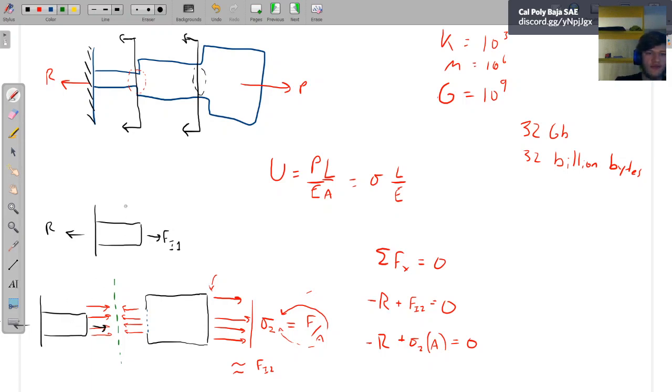This area, if you were to imagine these things like being linked together, right? You'd have to pull. So if we have this as a chain link, you'd have to pull on one side, and this side has to pull back.